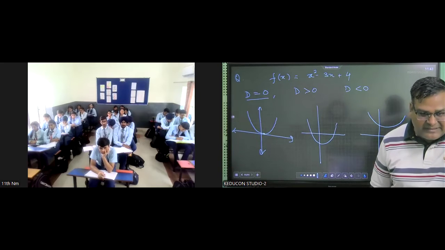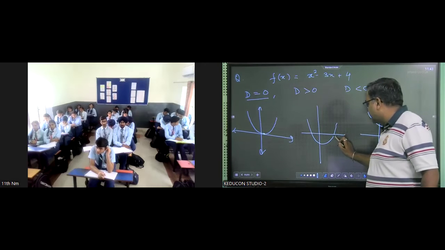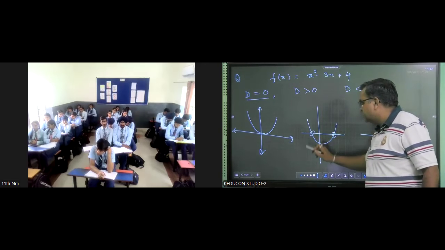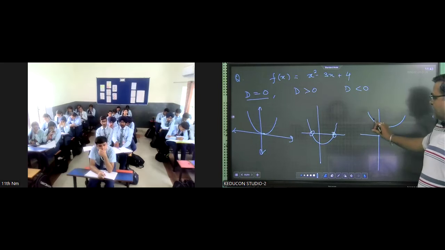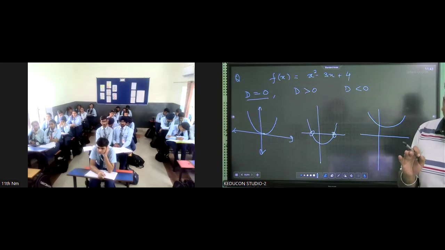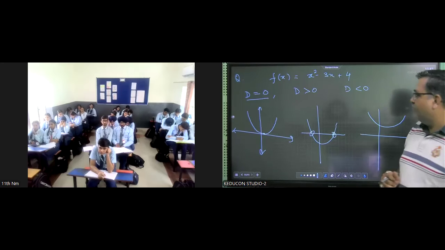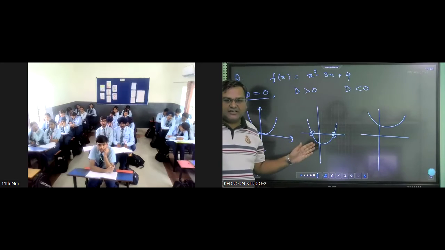The roots are imaginary. What is the meaning of imaginary? What is the meaning of roots? Means these points. Right? Now, when I say roots are imaginary, that means this line, this parabola does not cut at any point on the x-axis. Is this clear?